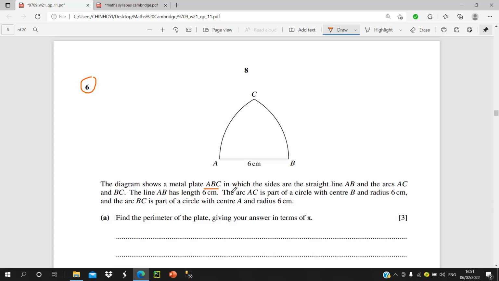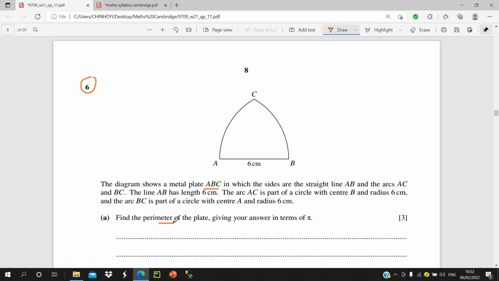The arc AC is part of a circle with the center B. So here we are going at center B, then we draw the arc with radius 6. Same applies. Arc BC is part of the circle with the center A, again with the radius of 6. So they are saying find the perimeter of the plate, giving your answer in terms of pi.